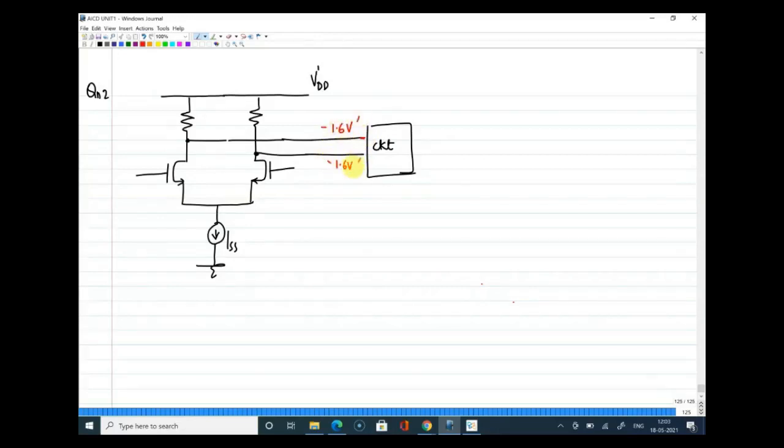So how can we supply that DC level of 1.6? If the output DC level of this is at 1.6, then definitely we can supply that directly. Is it clear, Alan? Yes, sir. Got it. All right.